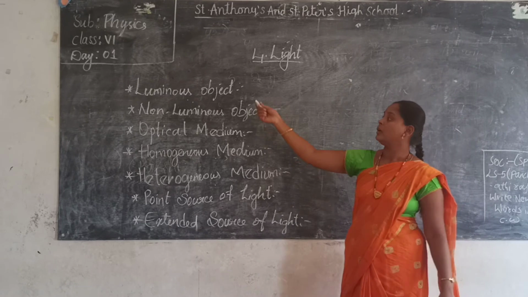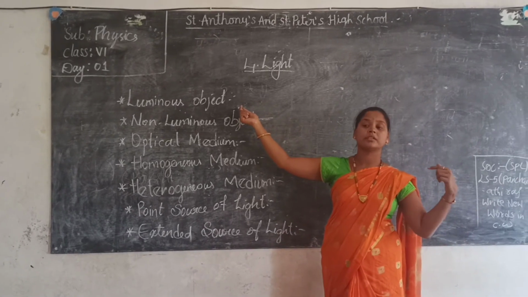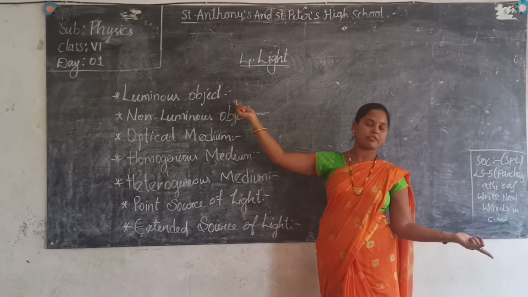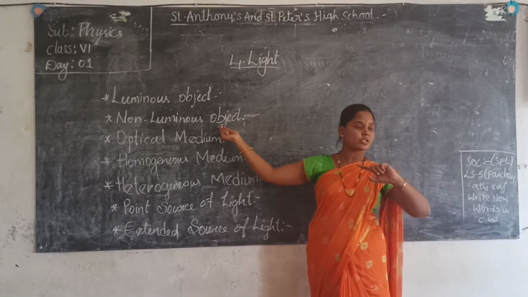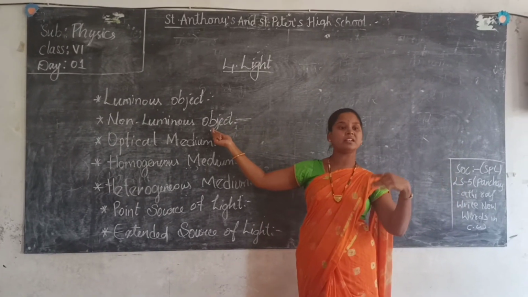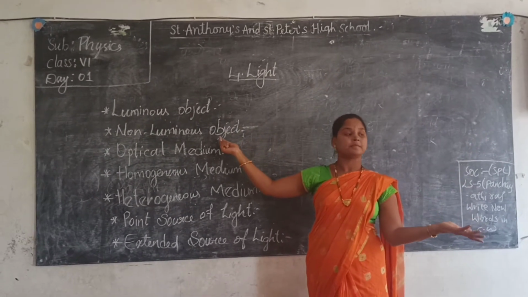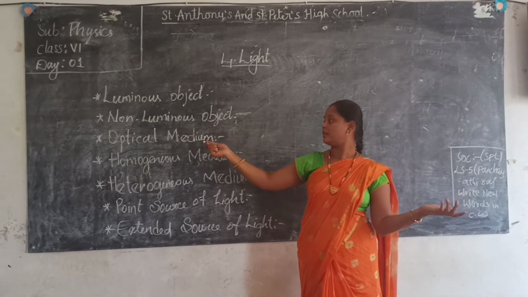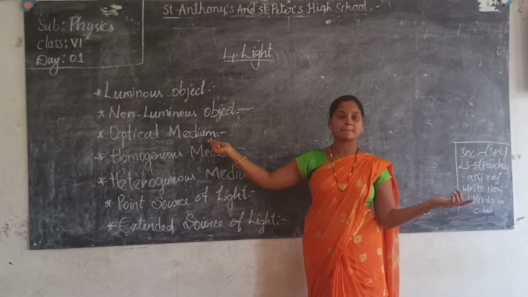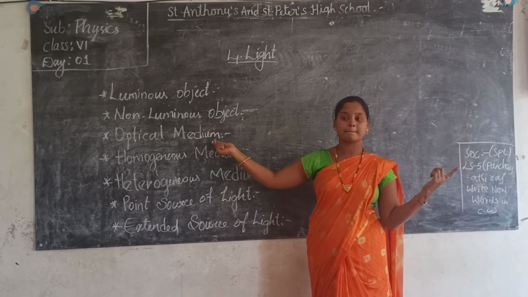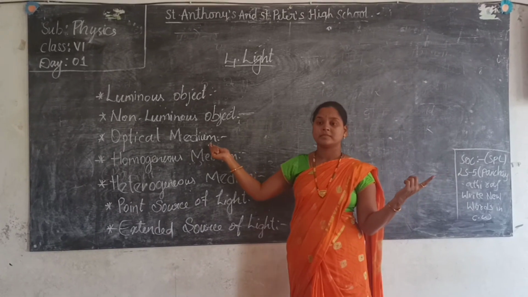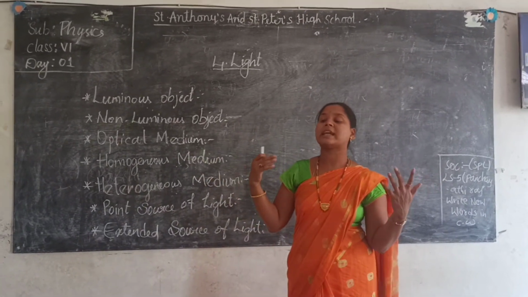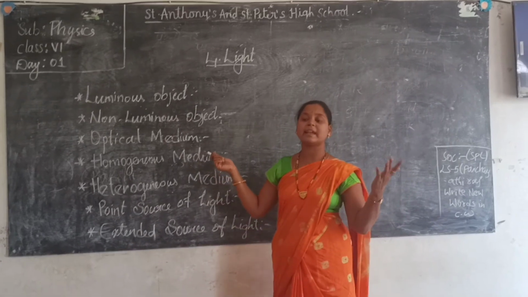Once again. Luminous objects give light by themselves. Non-luminous objects do not have any light by themselves, but reflect light, so we can see the objects. Optical medium: the medium through which light can pass.